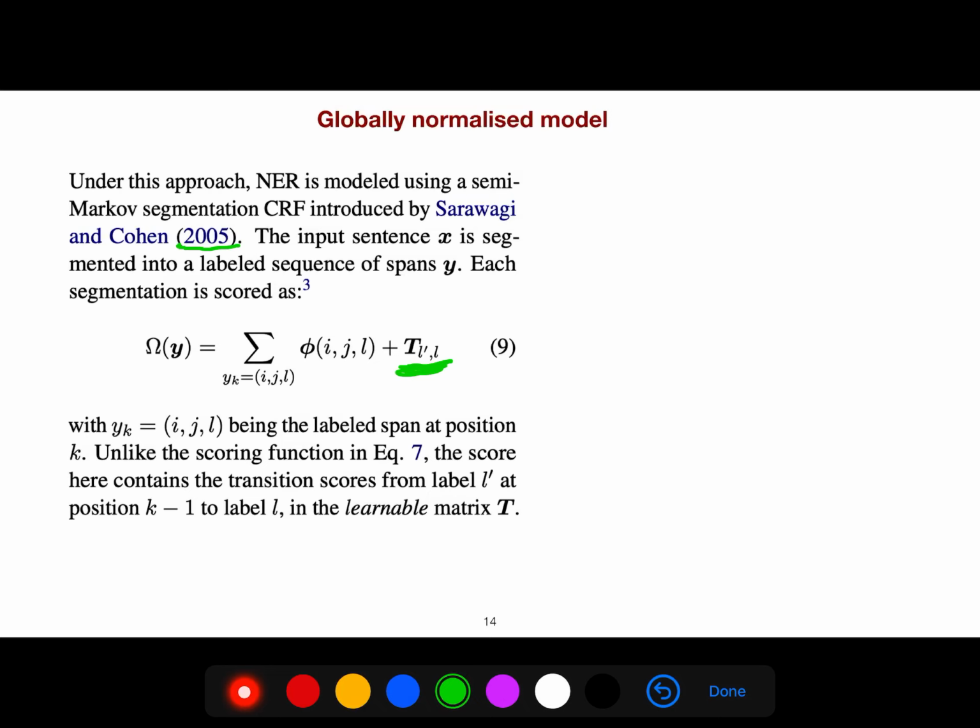So it's a transition score from going from label L prime to label L. So we are learning this matrix as well, because this is the transition.